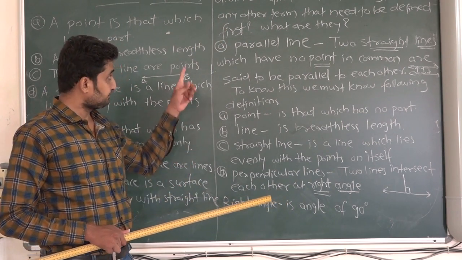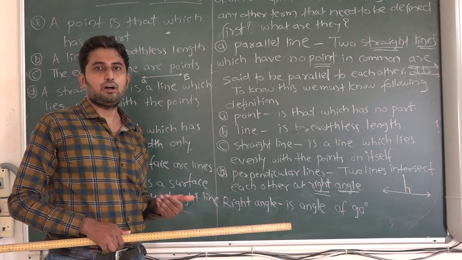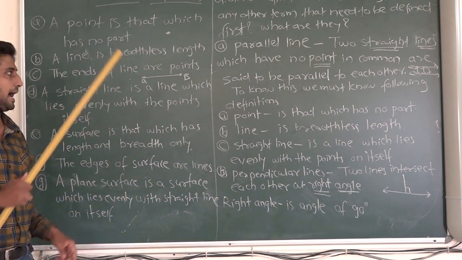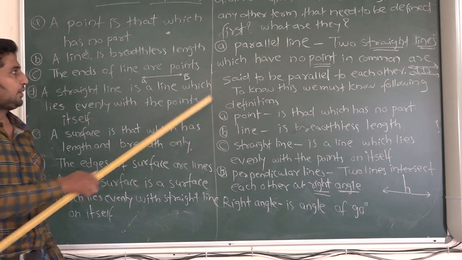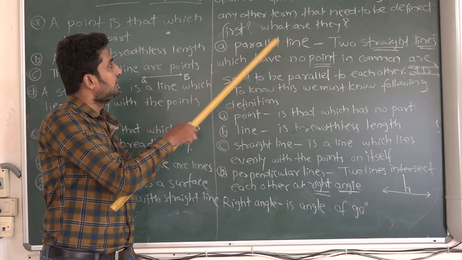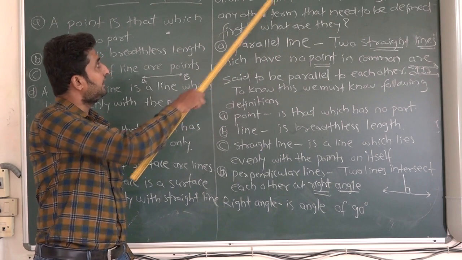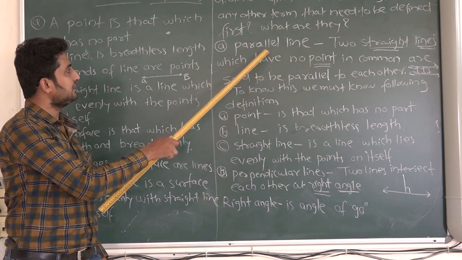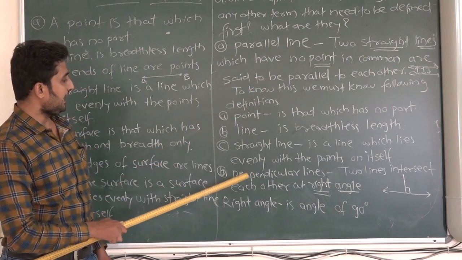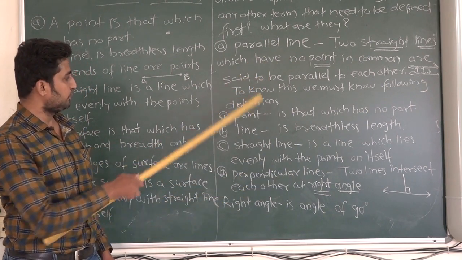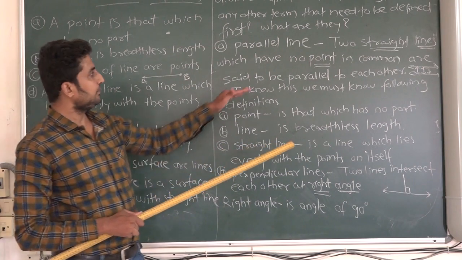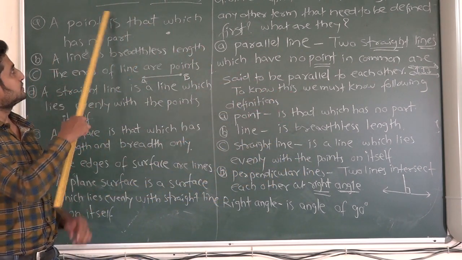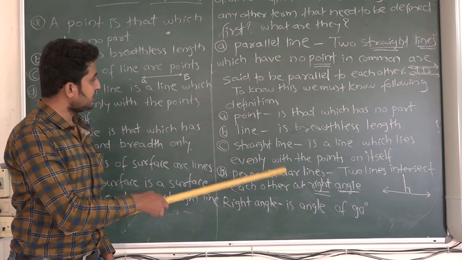So dear students, please watch this video again carefully, have all the definitions with you, and according to these definitions you will be able to define these concepts. Okay, so it is clearly seen that in both parallel lines and perpendicular line definitions we have some basic ideas which we have in the Euclid definitions. So in Euclid definitions all these are covered.